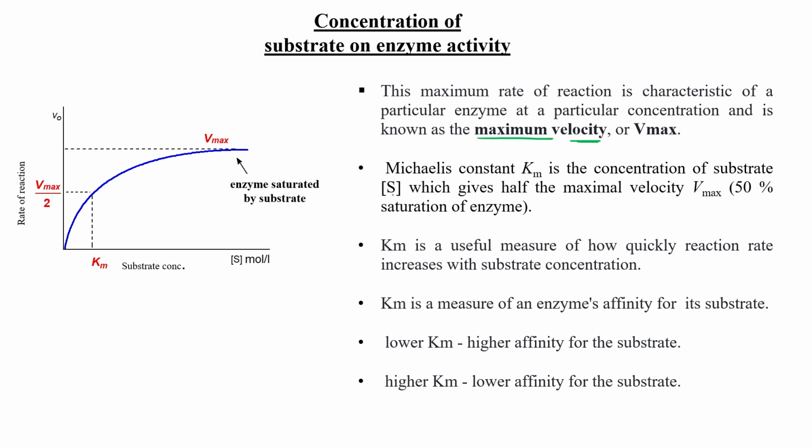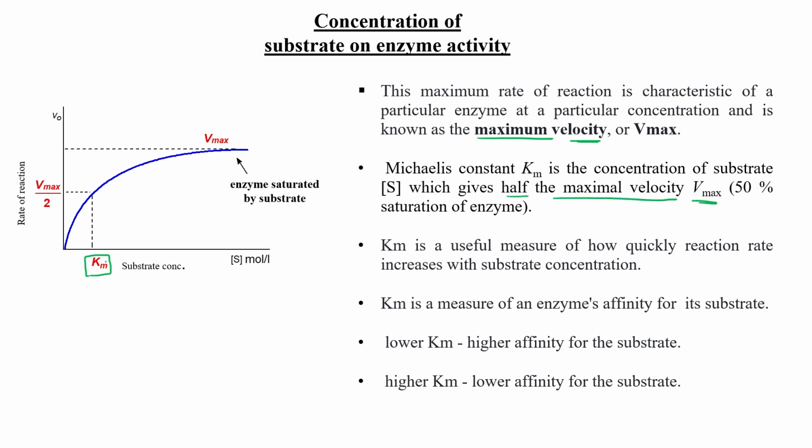Now there is another term I have written here on the x-axis, that is Km. What is this Km? Km is a constant, the substrate concentration which gives half of the maximum velocity.